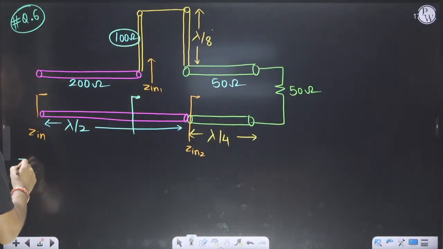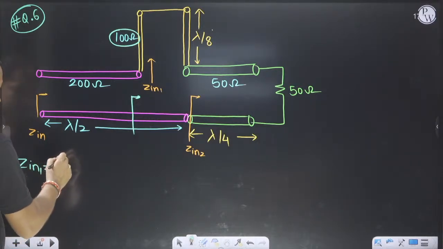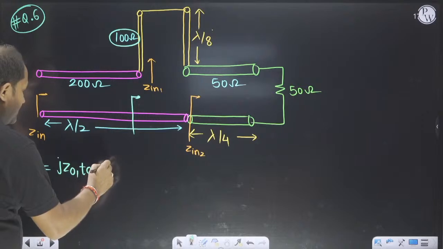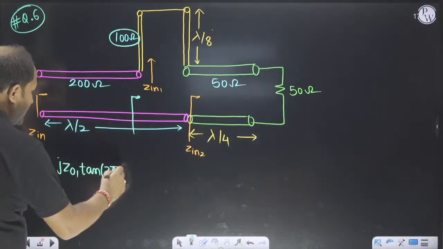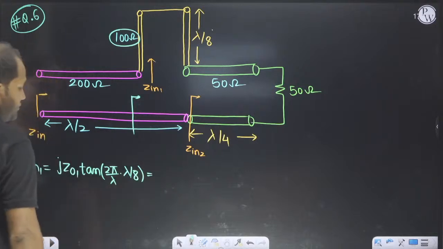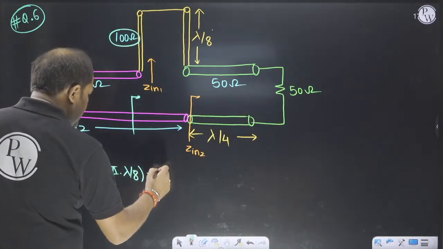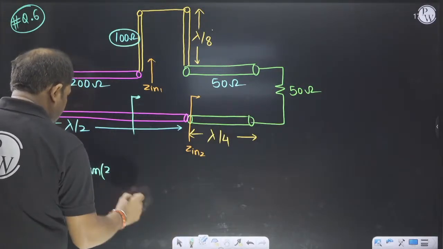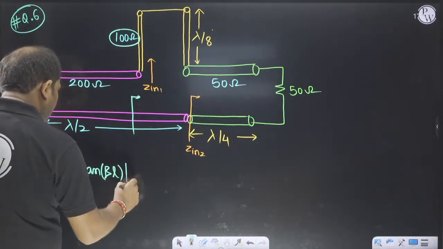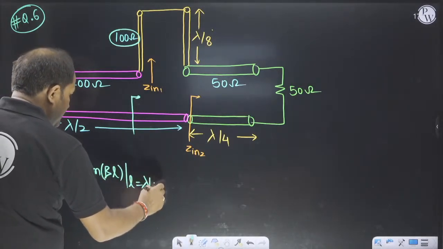Okay. So Zin1 is equal to jZ01 tan βL. Beta is 2 pi by lambda, L is lambda by 8, so βL is pi by 4, and the length is lambda by 8.